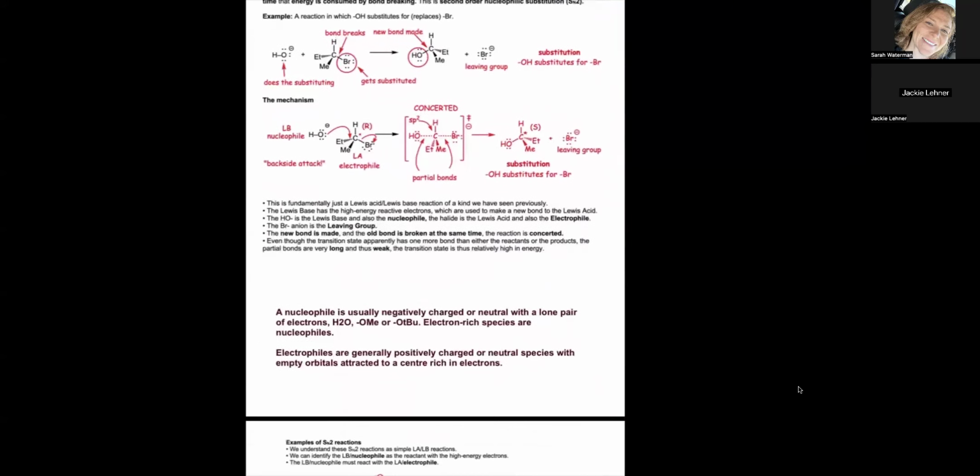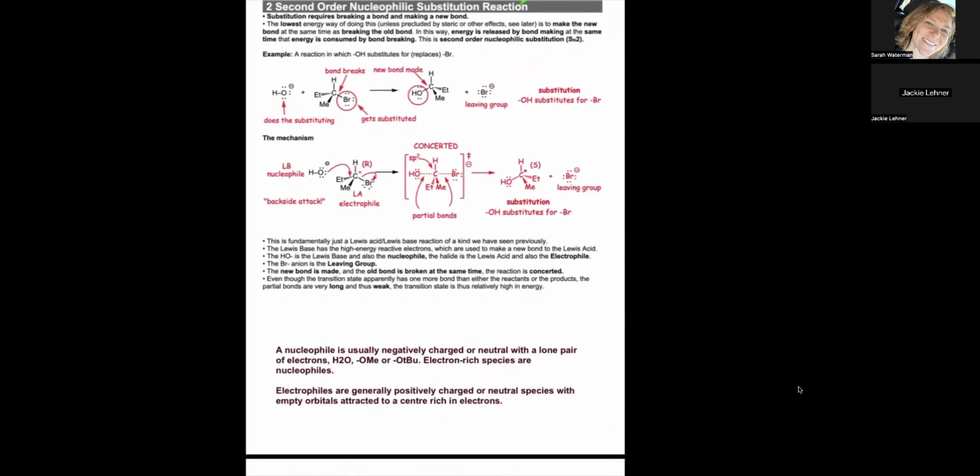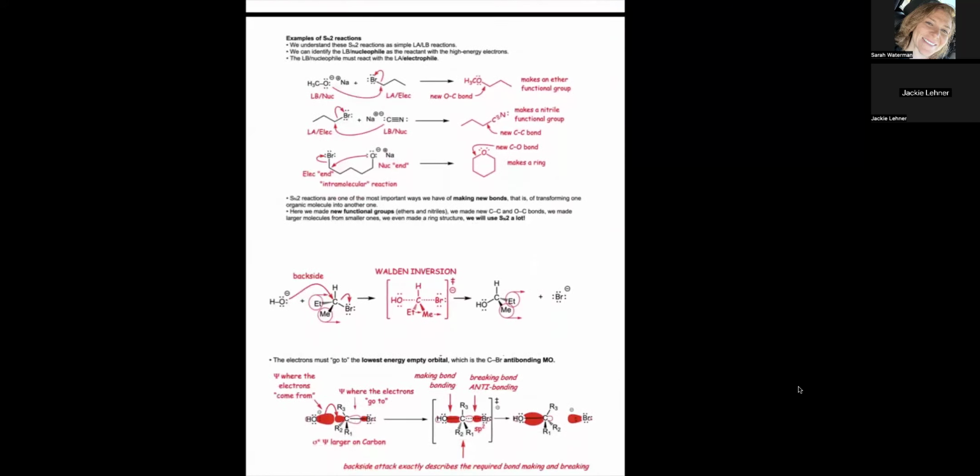Can I run through where I made notes? Please. In the gap notes, page 2, I was hoping you could explain the statement at the one-third mark down the page, right above the examples of SN2 reactions.